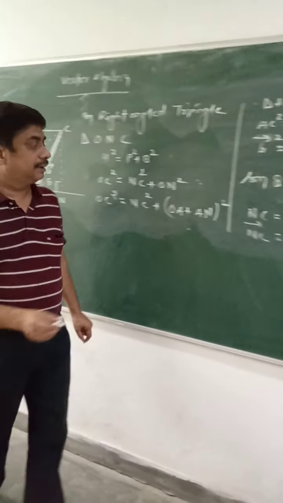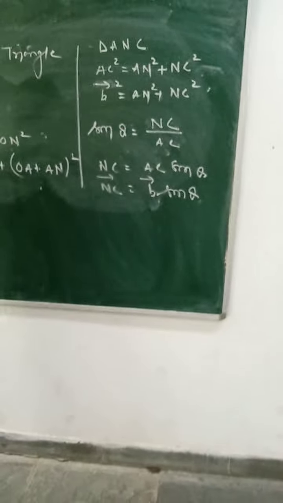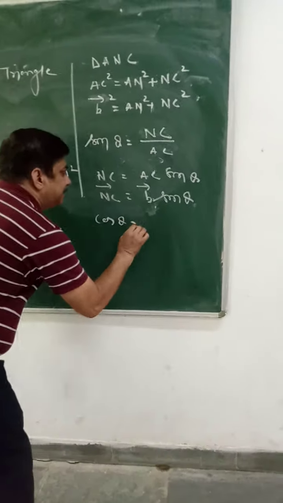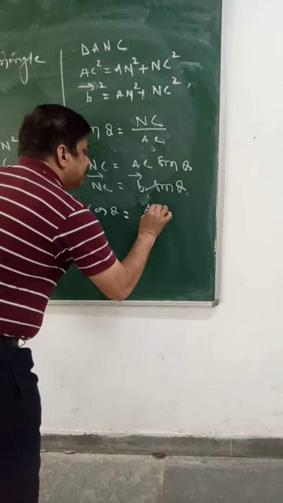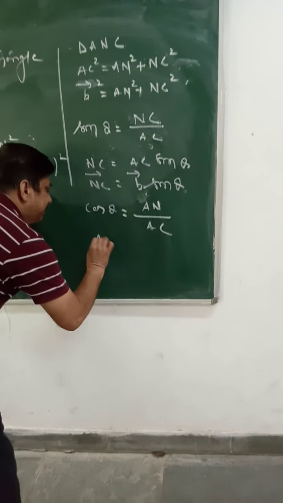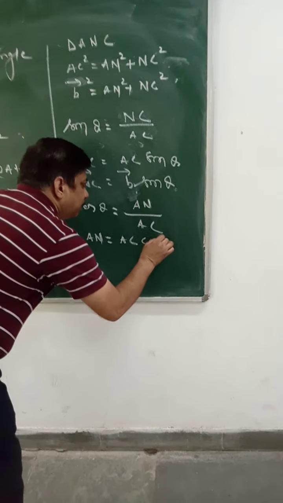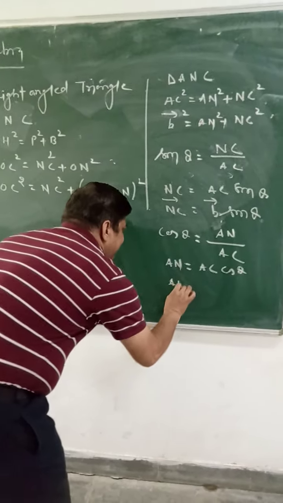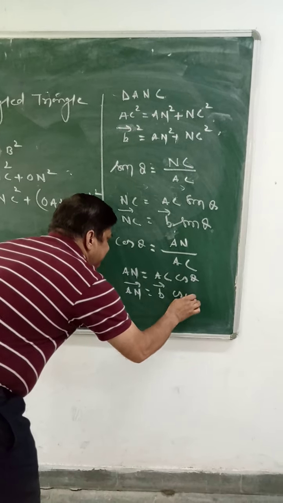Now similarly, if I take cos theta, that is base upon hypotenuse AC, so the base is equal to AC cos theta, and this is vector AN. What is AC? Vector B cos theta.